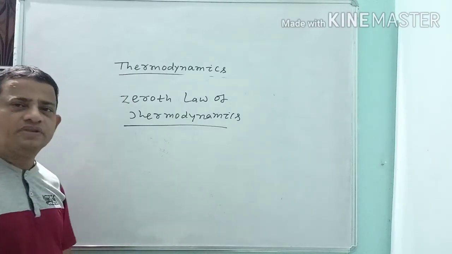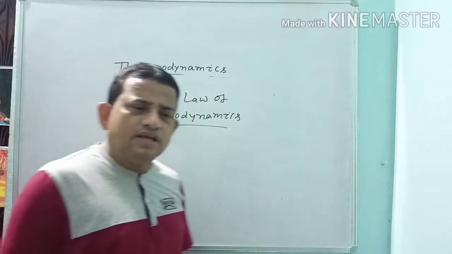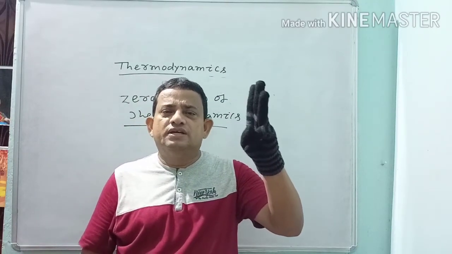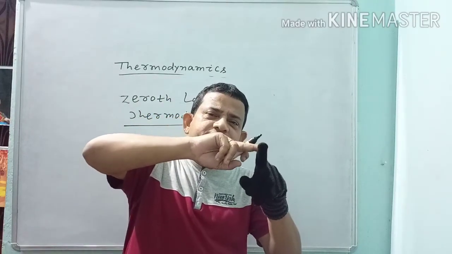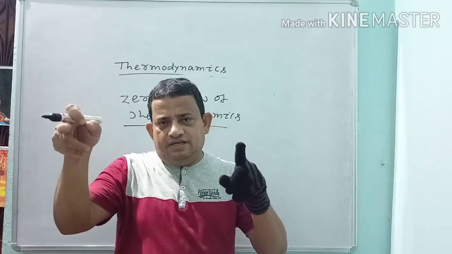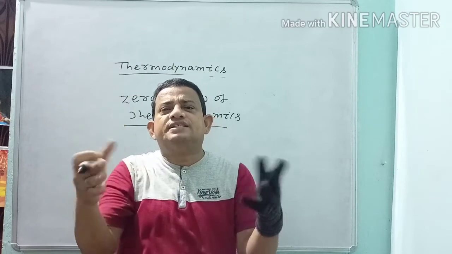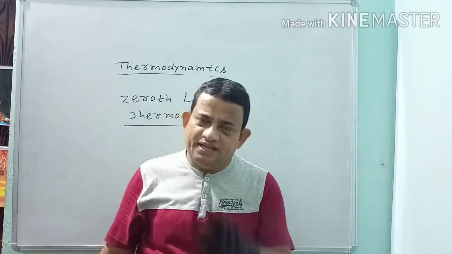What is that law? In math, you know, A is a variable, B is a variable, C is a variable. If A is equal to B, A is equal to C, then B and C are the same. That is in math.